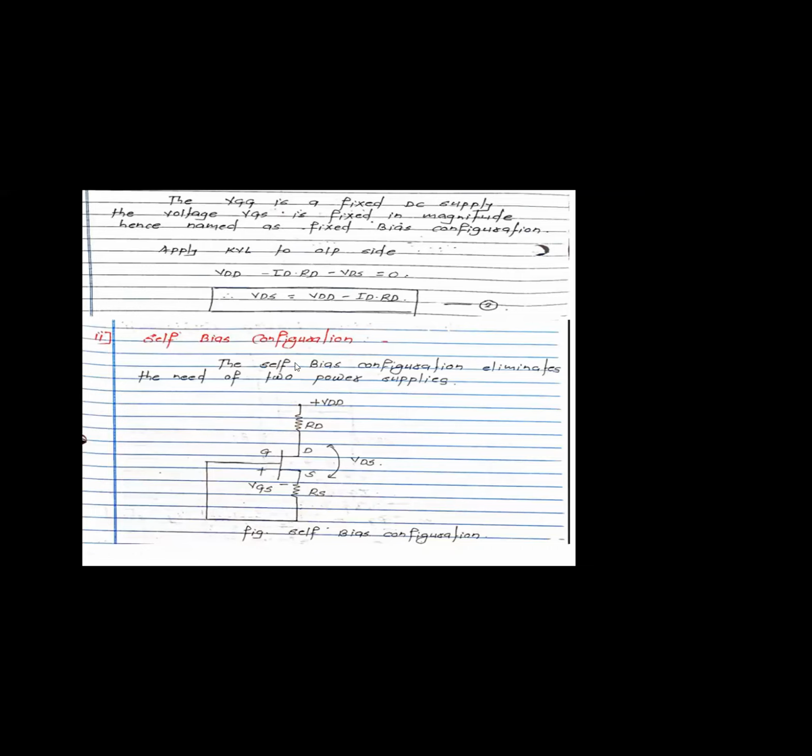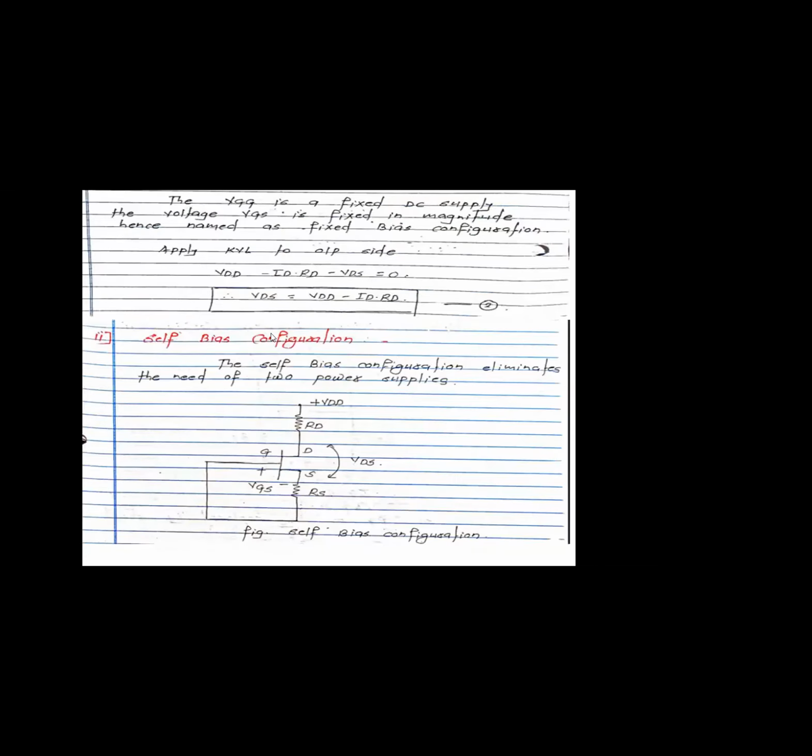So your equation is VG minus VGS minus IS into RS, which goes to the other side. So VGS equals minus IS into RS. IS is nothing but ID, so VGS equals minus ID into RS. This is related to the input.